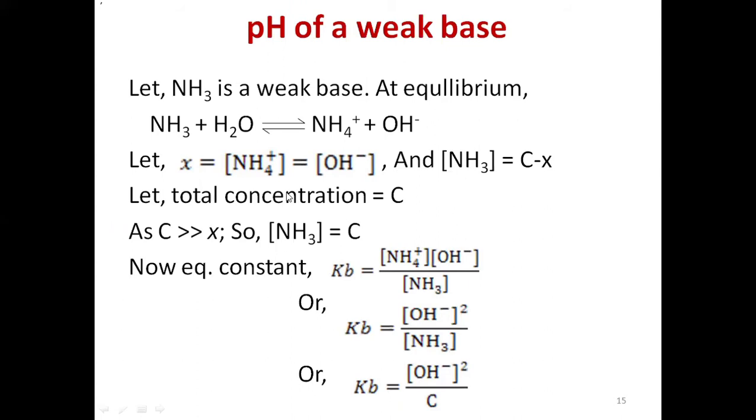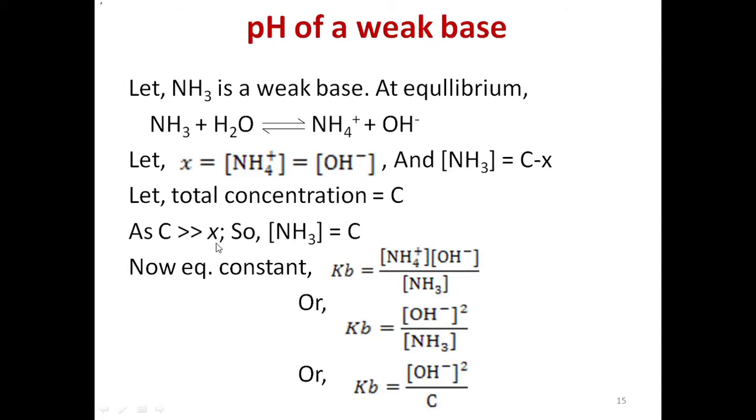As per the previous class, we know that ammonium hydroxide is a very weak base, so it is dissociated only a very little bit in water. So we can assume that C is very much greater than X. C means undissociated ammonia is much greater than dissociated ammonia.